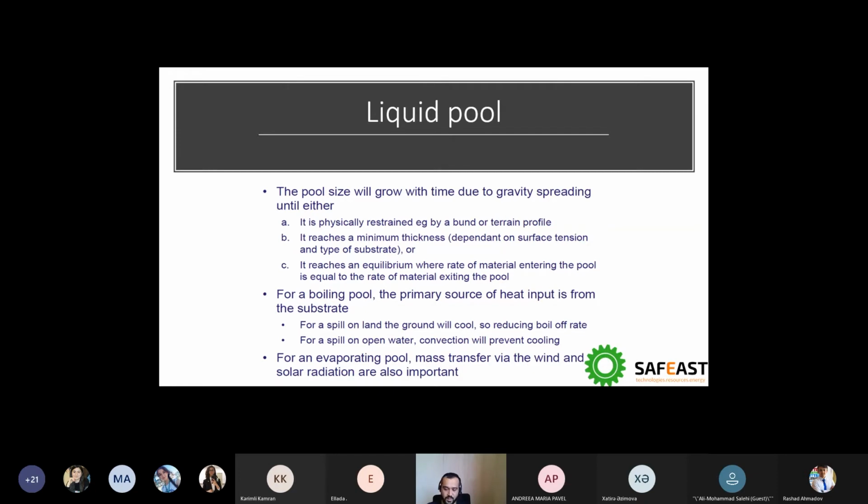When there is a spill on the ground, the ground will cool, which will reduce the boil-off rate. But for a spill on water, convection prevents the cooling. There are also certain effects of the wind and solar radiation. For certain pool fire calculations, you can ignore at least solar radiation, but for other calculations you need to consider the effect of the wind and solar radiation as well.